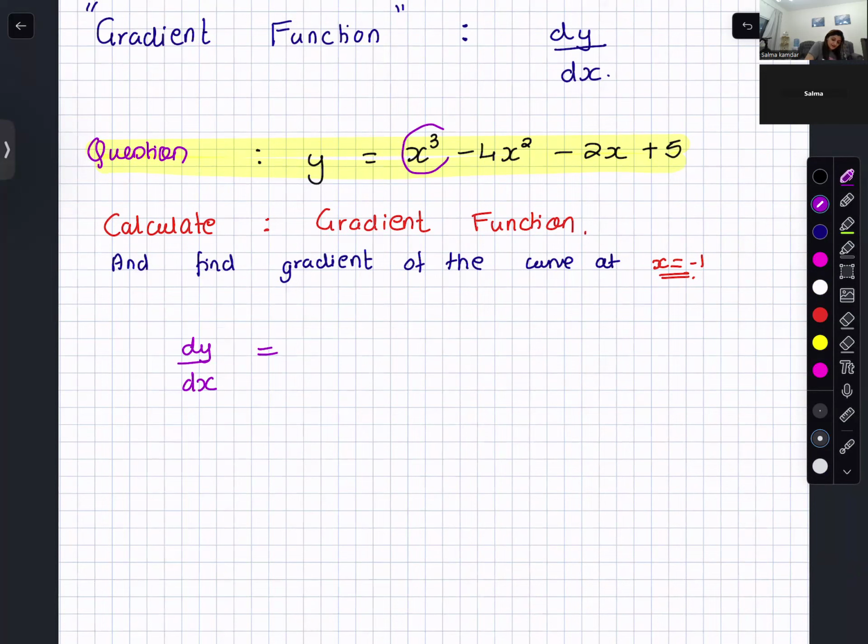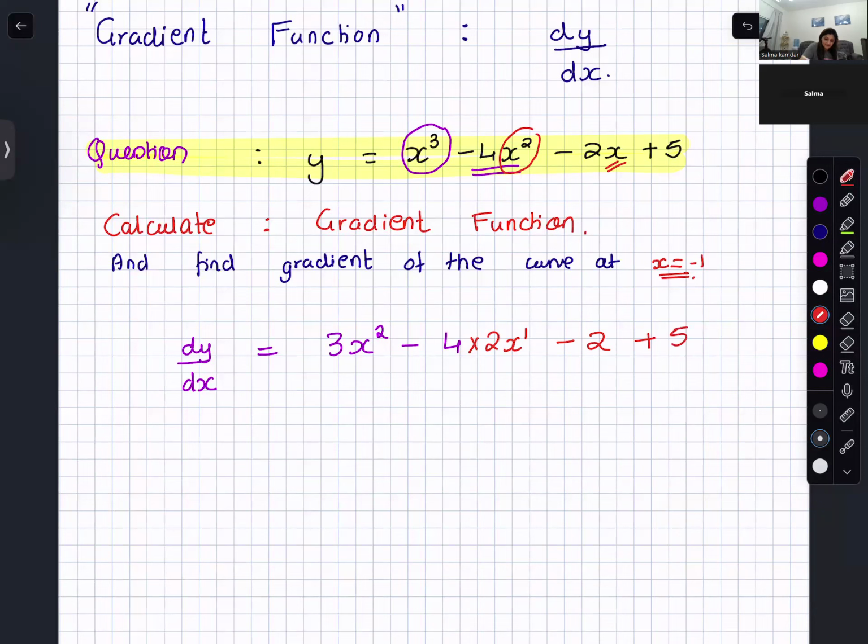The derivative of x cubed would be 3x squared. To get a video on derivatives, you can go back and search for the video on derivatives. Minus the derivative of 4x squared: 4 would remain as it is, and the derivative of x squared would be 2x to the power 1, since the derivative of x is 1.